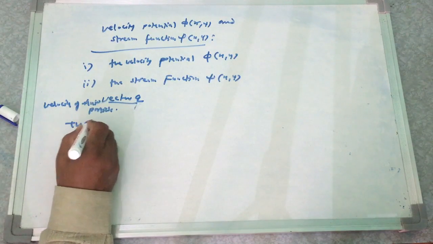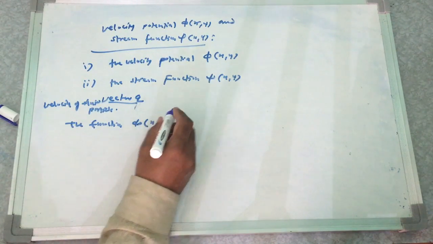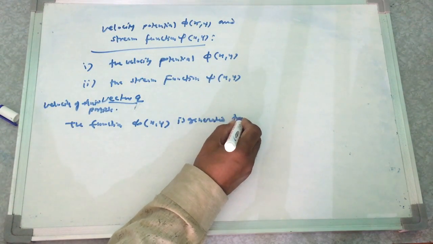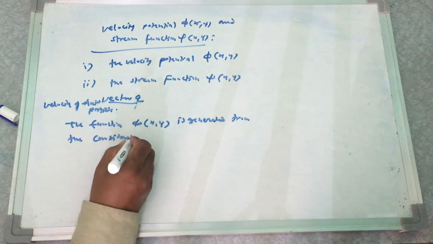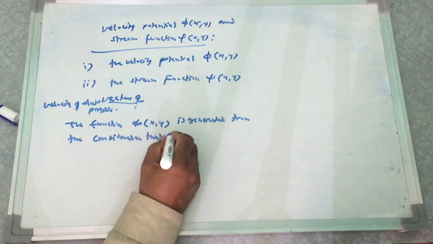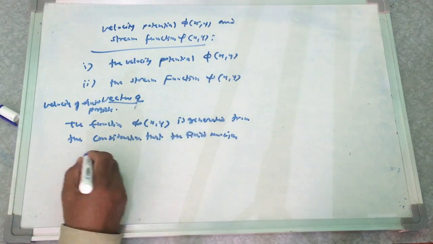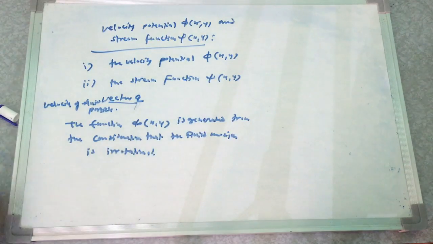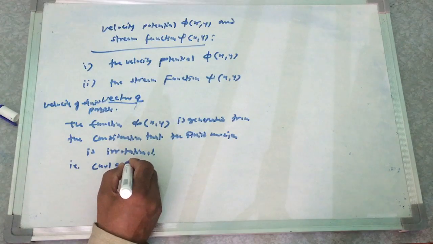The function phi of x y is generated from the consideration that the fluid motion is irrotational, that is curl q is equal to 0.